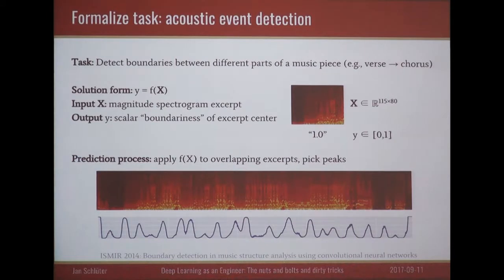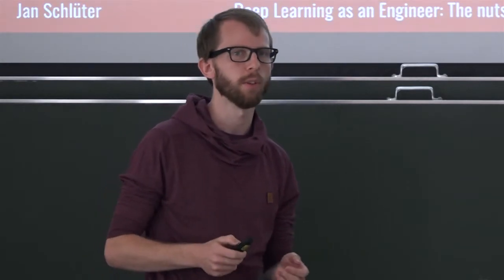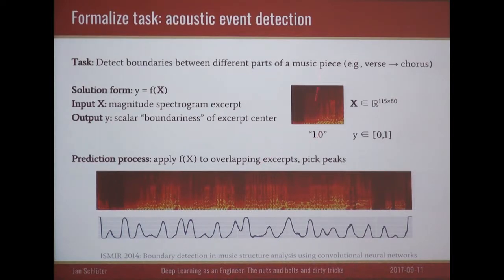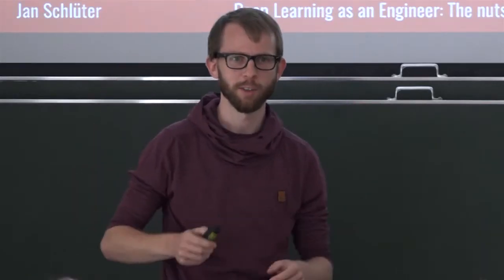And for the boundary detection task, one way is to simplify the task a little and take as input just an excerpt of the spectrogram, a magnitude spectrogram. So this can again be expressed as a matrix. And the output would be a scalar telling the boundaryness at the center.